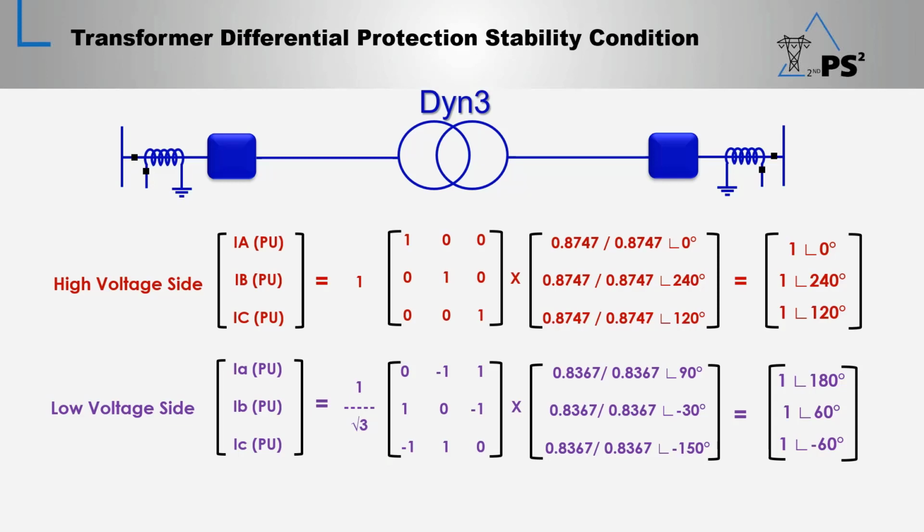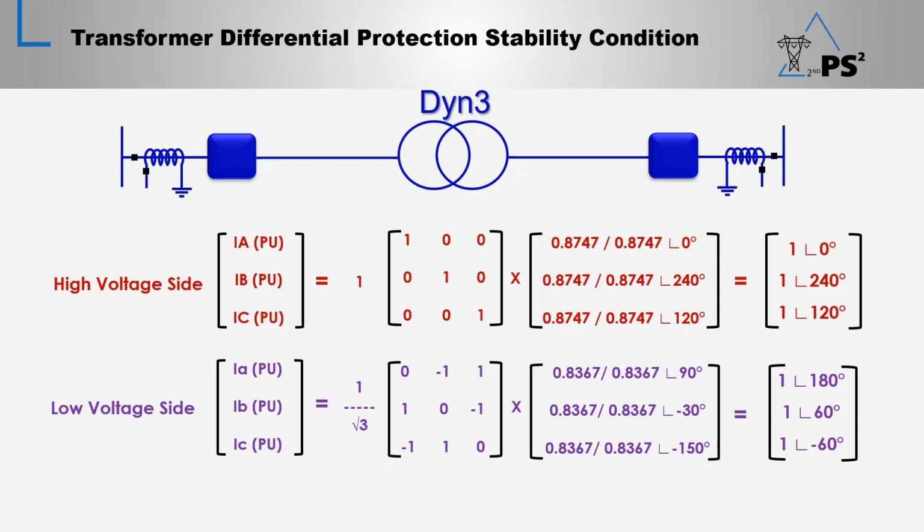And as we said, the full loading current is passing through the relay, so we have 0.8747 for the three phases over the nominal current, which is 0.8747 with angle 0, 240, and 120 degrees. So the final values for the high voltage side as a per unit value will equal 1 angle 0, 1 angle 240, and 1 angle 120.